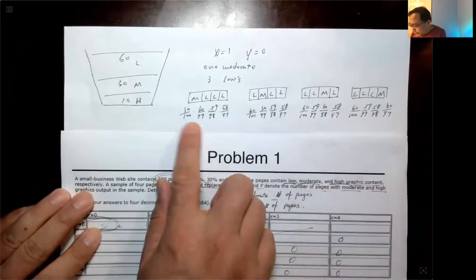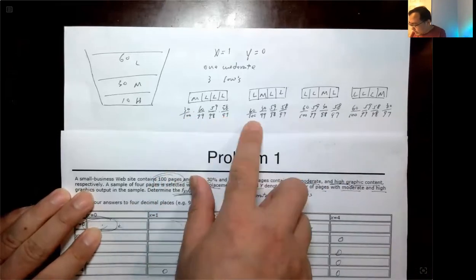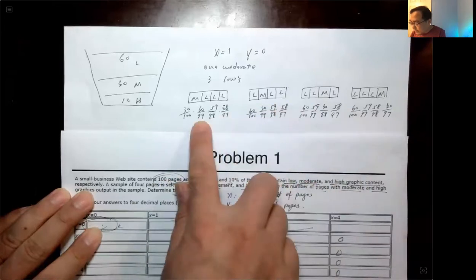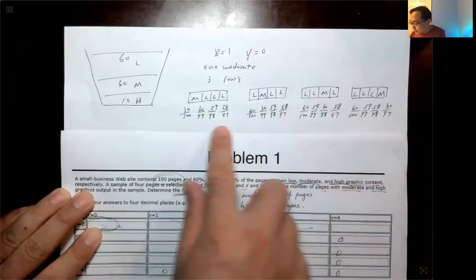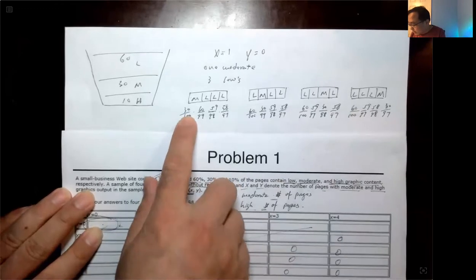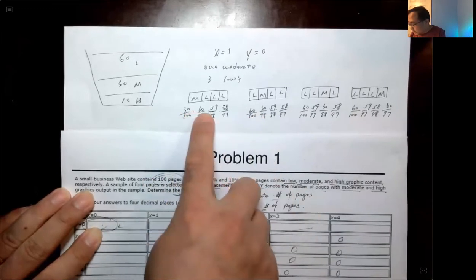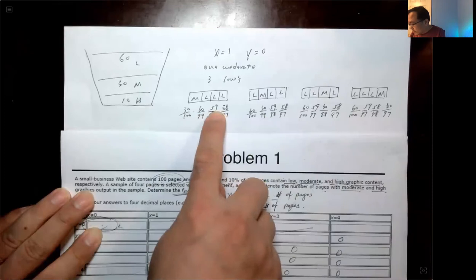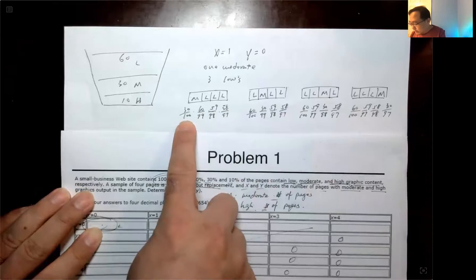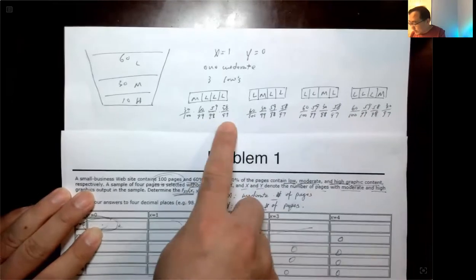But if you look at the numbers here, for each case they will have the same probability value, because the numerator is always 30 times 60, 59, 58, and the denominator will always be 100, 99, 98, and 97.